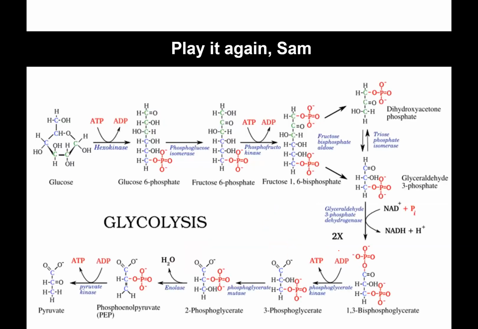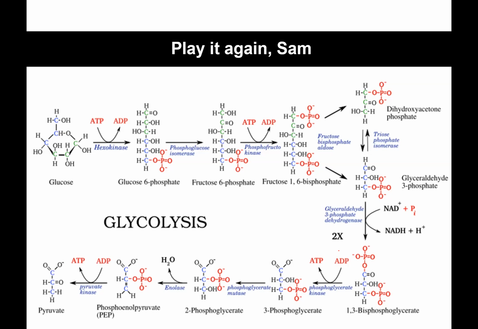So here is the whole shebang. Do I have anything to say here? I mentioned before that I showed you that pretty simple schematic of all the 10 steps of glycolysis. I think this also highlights the nature of the phosphorylation, but it doesn't show it in quite that same way.